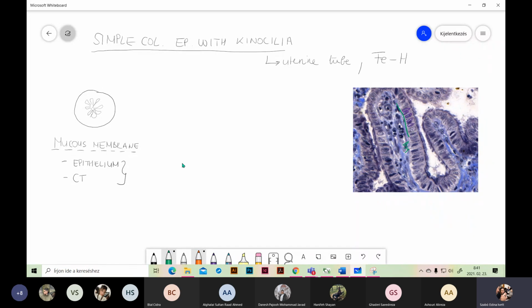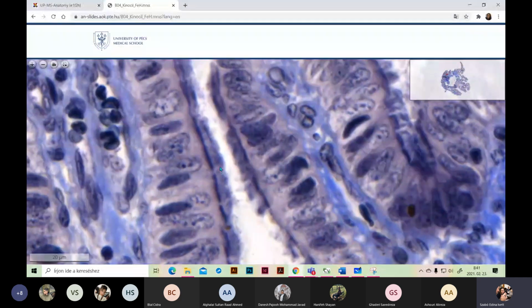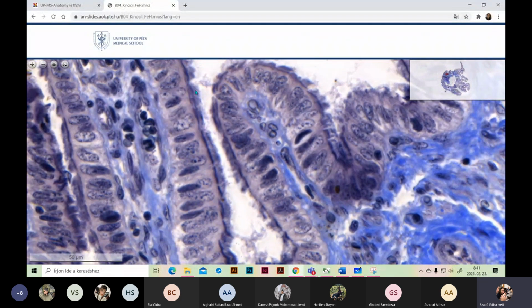Okay, and if we have a simple columnar epithelium, we always have to see the surface modification. And how can we recognize the kinocilia on the surface? How do you know it's a kinociliated epithelium, not microvilli or stereocilia?